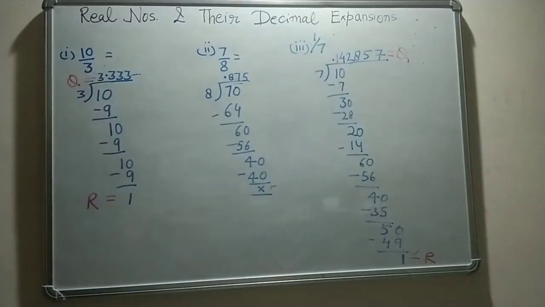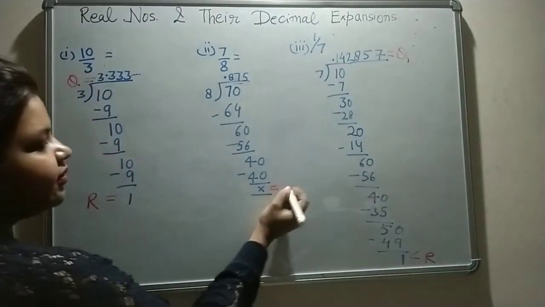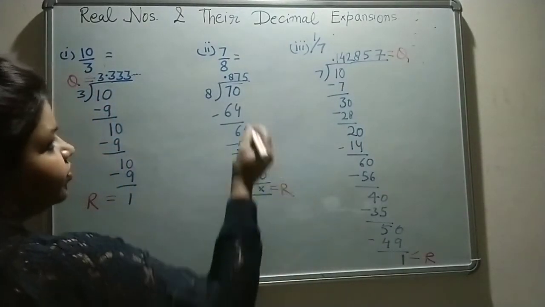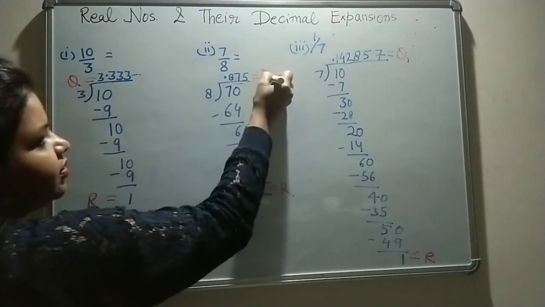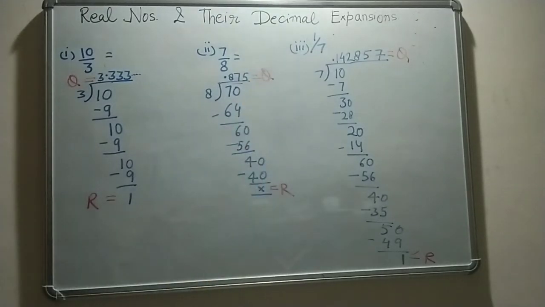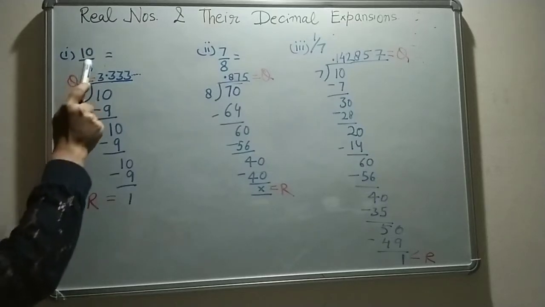Here for 7 by 8 the remainder is 0 and the quotient is 0.875.